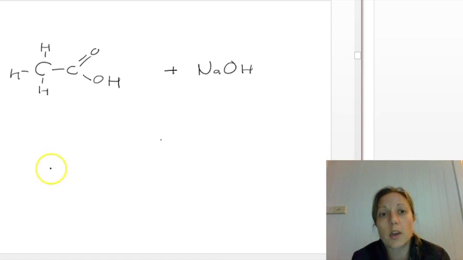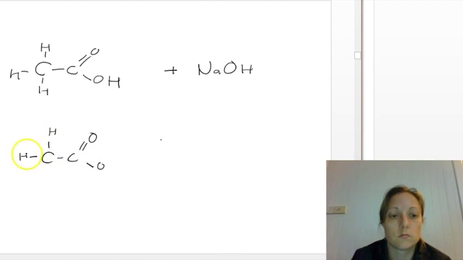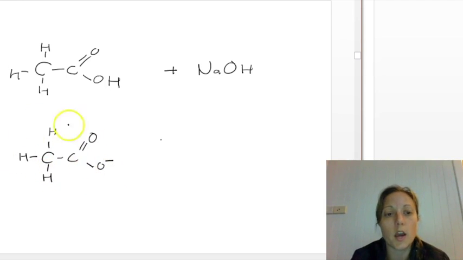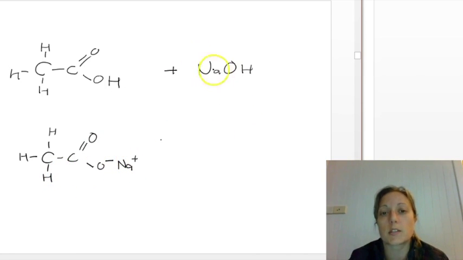We end up with an organic salt. So we get our carboxylate ion, so this is the ethanoate ion. We will then get our sodium in this case because that's the salt that it's going to form. We'll get sodium ethanoate here, and we then get our water forming as well.